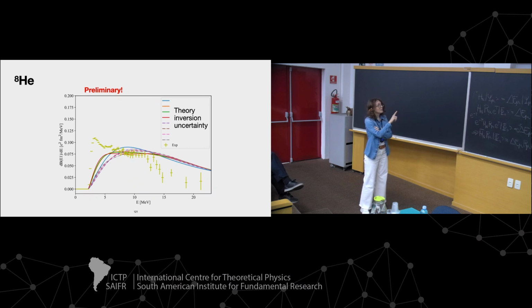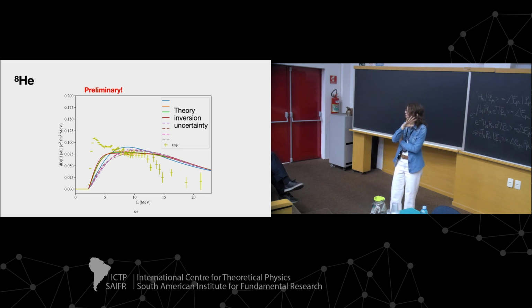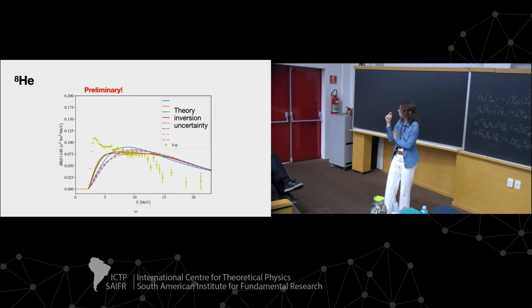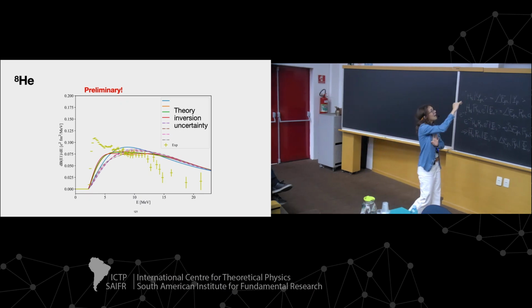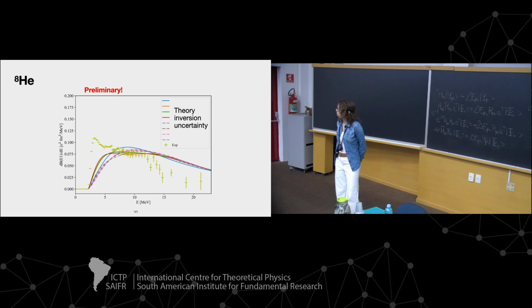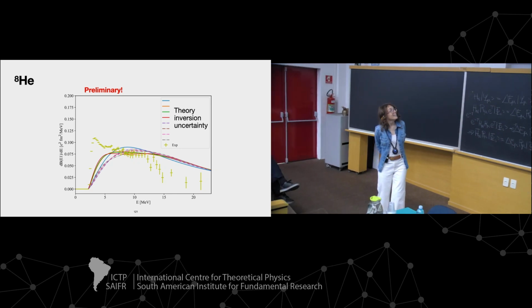We were discussing before how to interpret this in the picture that we saw in terms of neutron skin and halo, because we see this first peak, which could be the halo, and then I don't know if this is a pygmy dipole resonance. It's broader with respect to a usual pygmy dipole resonance. So it's up for debate, I would say.